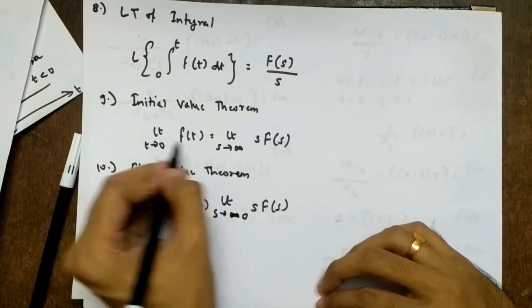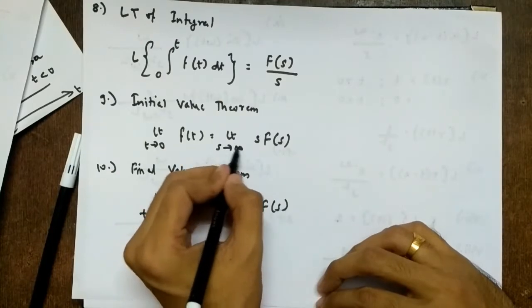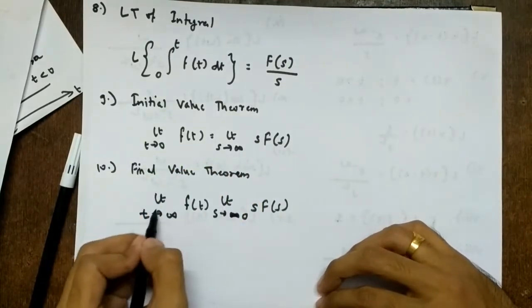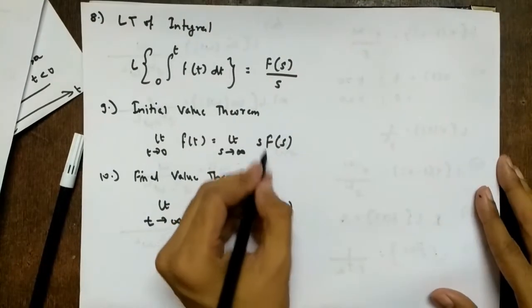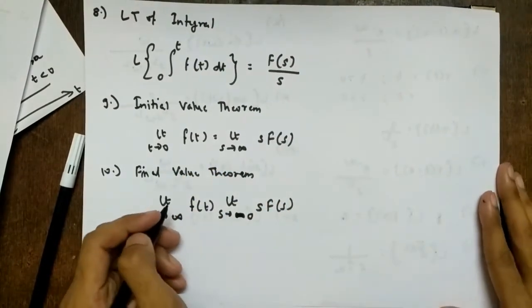So when it is 0 in the time domain, it becomes infinity in the frequency domain. When it is infinity in the time domain, it becomes 0 in the frequency domain. And it is always multiplied by s into F of s.